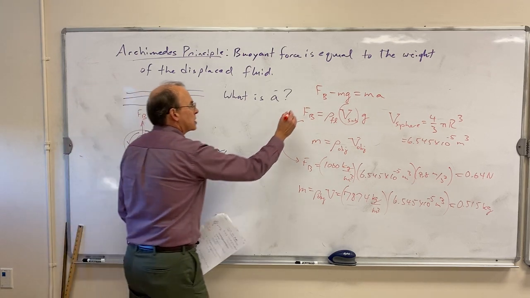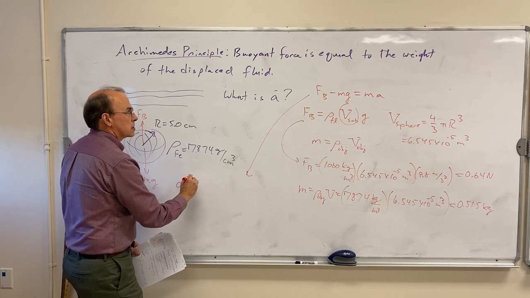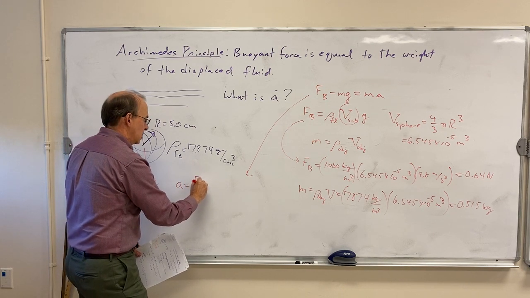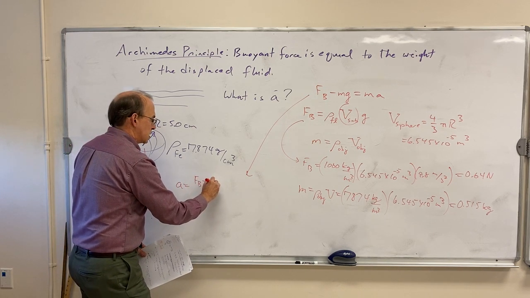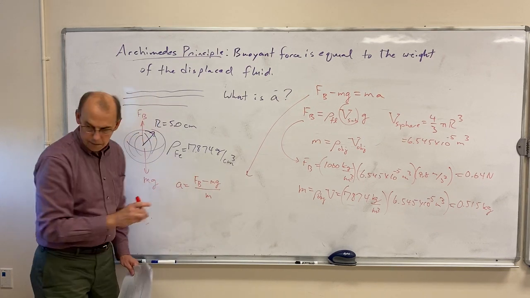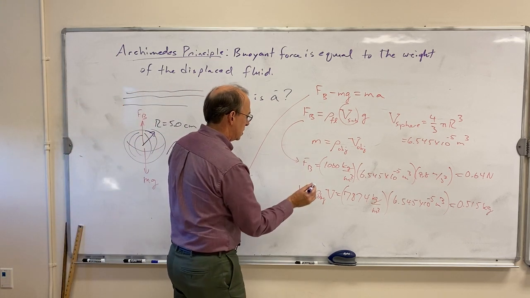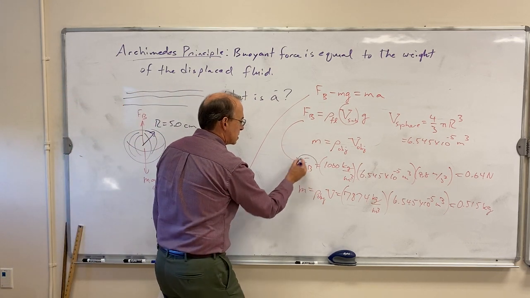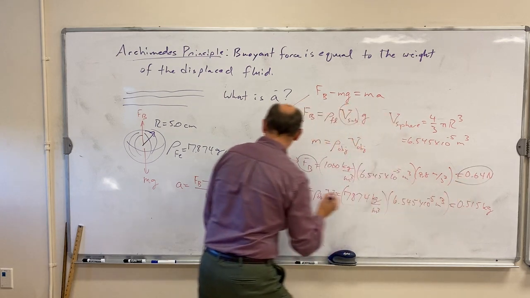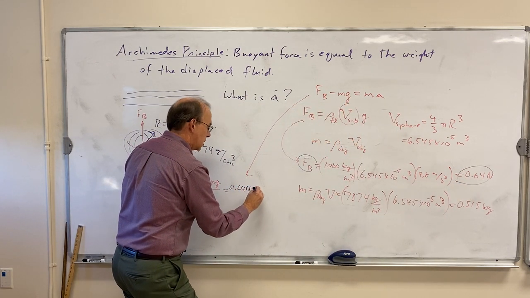But I solved this for A. A is FB minus mg over m. And notice I know all that now. I know FB is now this, 0.64 newtons.